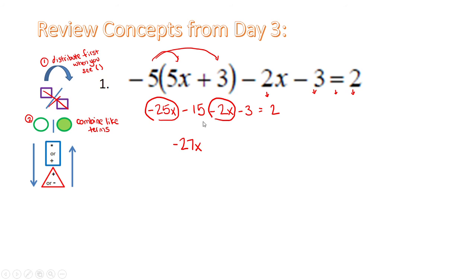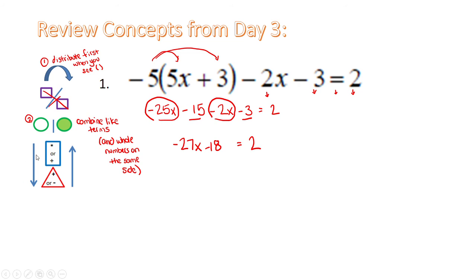Now, something a little different is we're also going to combine numbers that are on the same side of the equation. So that is going to be -15 and -3. That combines together to be -18. And then we still have that equal to 2.